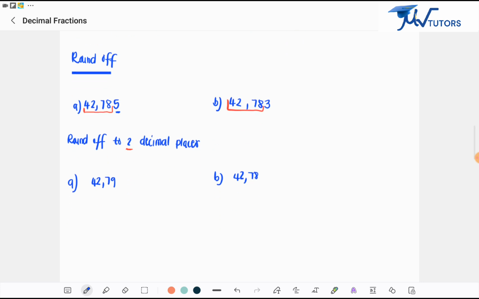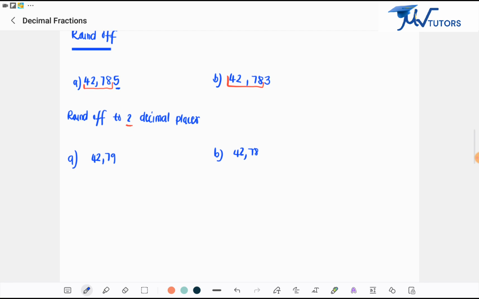Now, if we were to round off a number to 1 decimal place, let's just say round off to 1 decimal place. And what is our number?